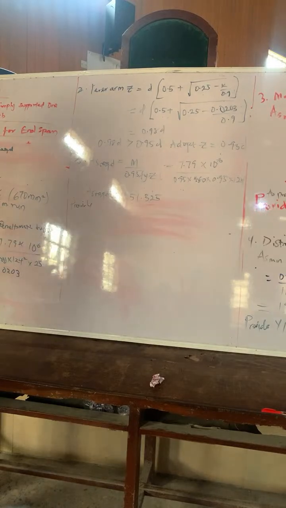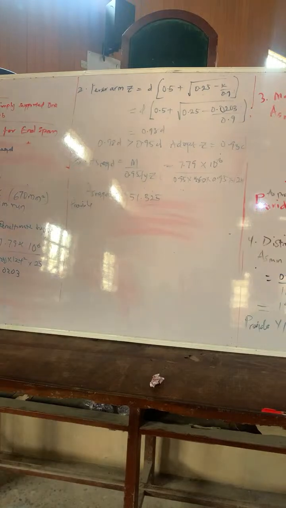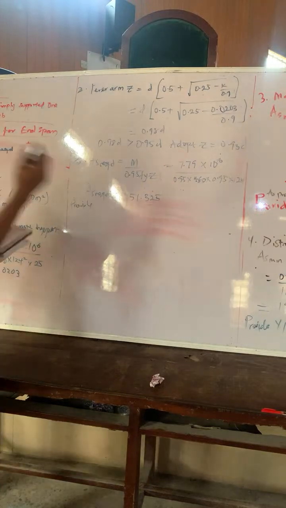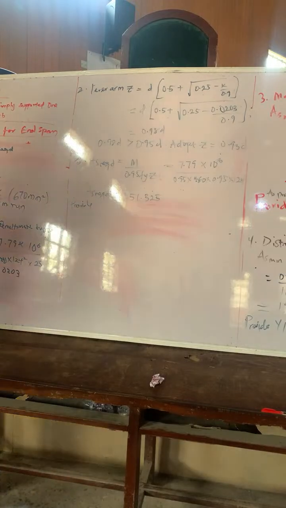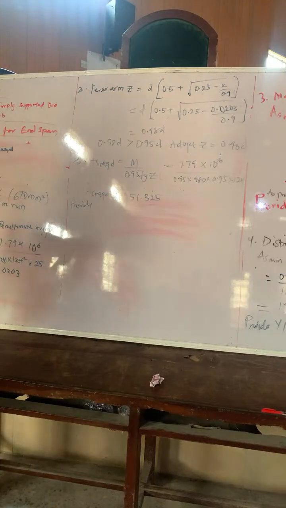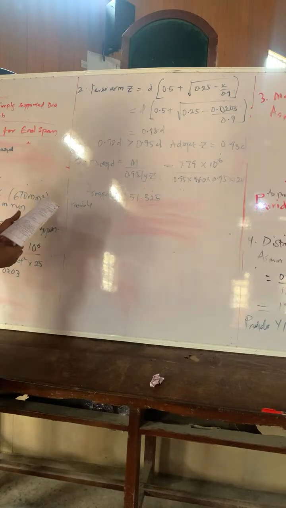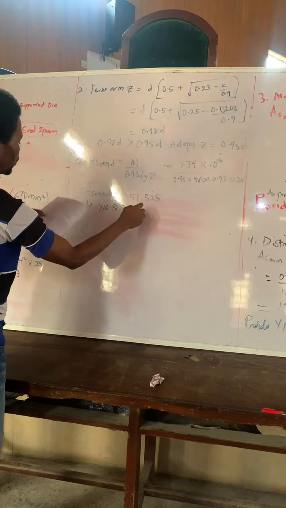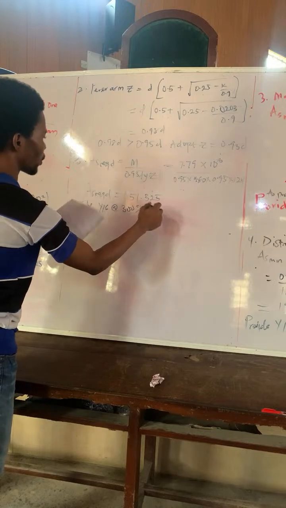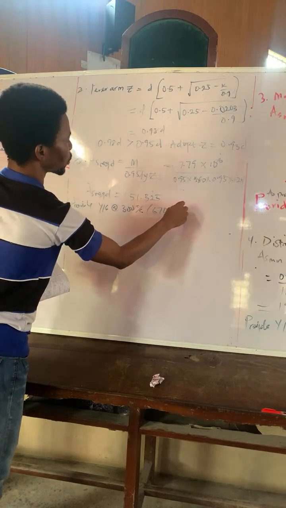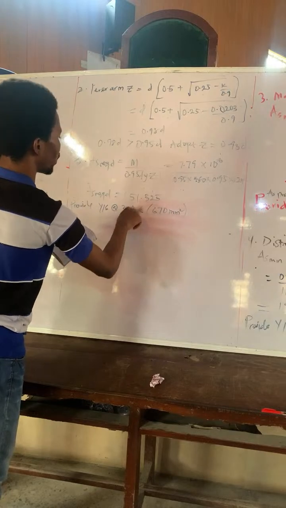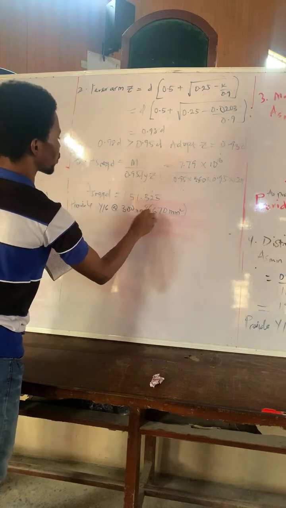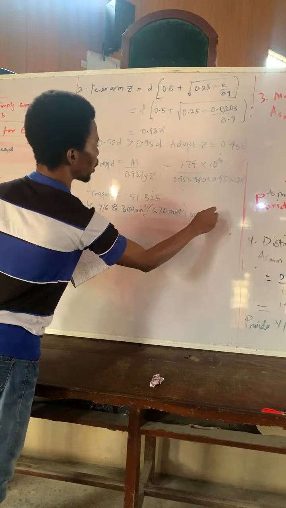Anything you are providing for the first one, keep repeating it. If you use 16 and 12 or 12 and 10, anyone, just keep repeating it. Here now I use 12, but we've used 16. Let me check my other notes. It will still be the same thing. 300 millimeter center to center per meter run.